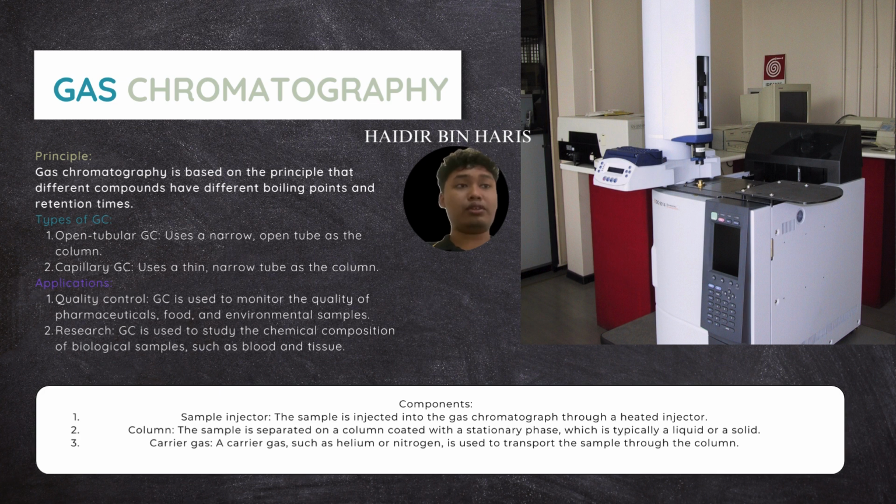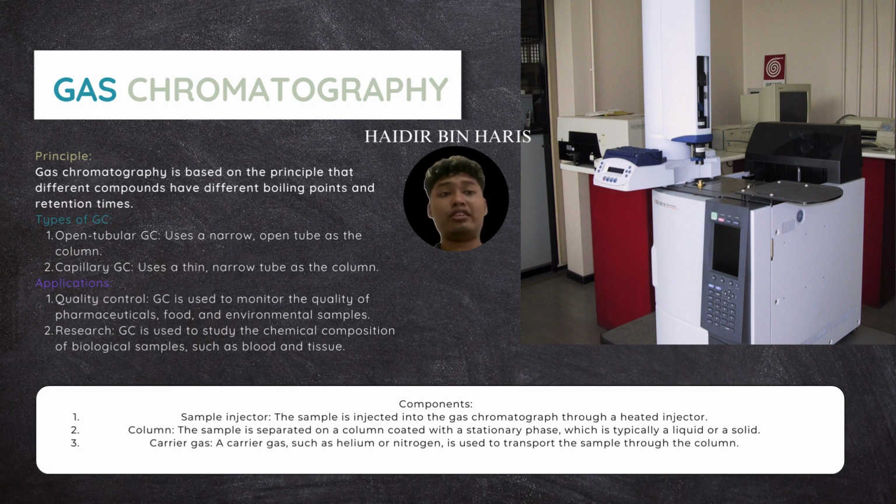In quality control, gas chromatography is used to monitor the quality of pharmaceuticals, foods, and environmental samples. In research, it is used to study the chemical composition of biological samples, such as blood and tissue.